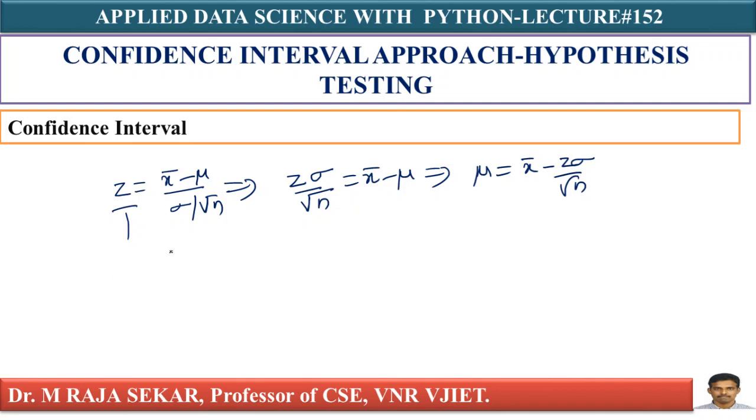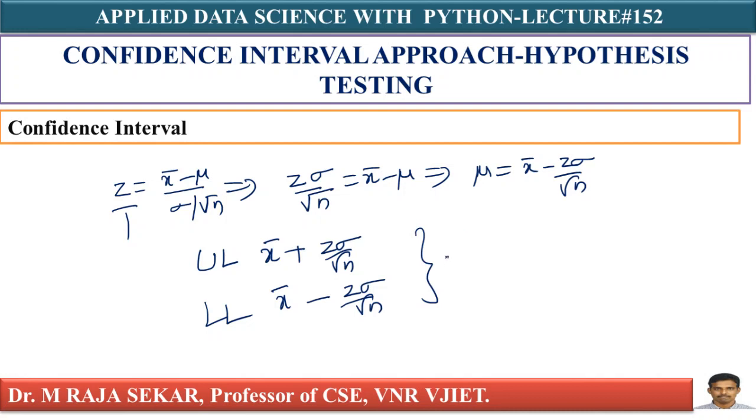You have to adjust them. What are the possible limits? The upper limit will be x bar plus z into sigma by root n. My lower limit is x bar minus z into sigma by root n. Otherwise, I can rewrite it as x bar plus or minus z into sigma by root n.